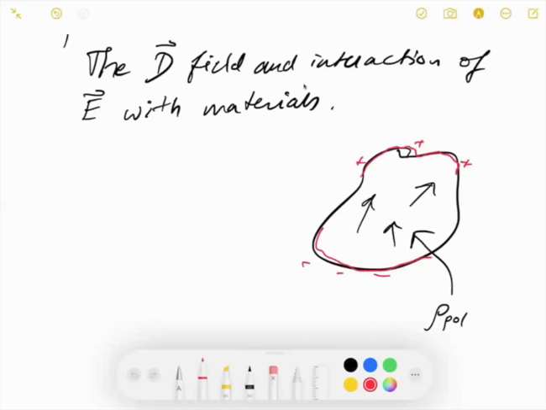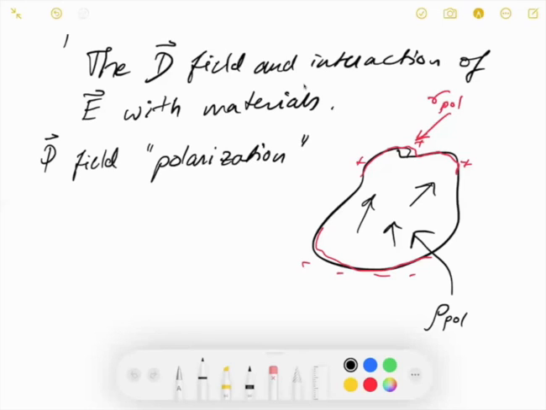This could look a little negative, and that would be the sigma pol, and they're related to that field P. So the P field, the polarizing field, I think you call it the polarization. And they're related to that sigma through that mathematical procedure I was telling you about earlier. So we have some sigma pol. Actually, let's color code that.